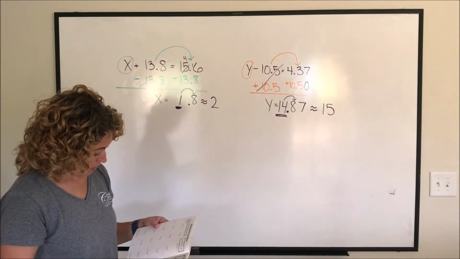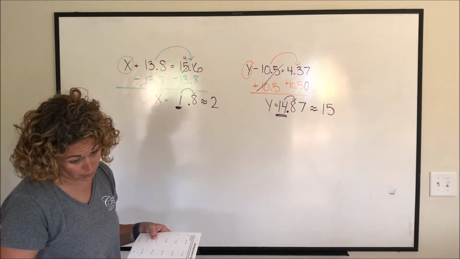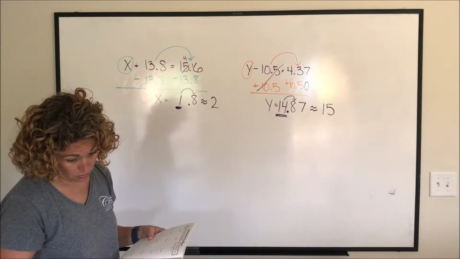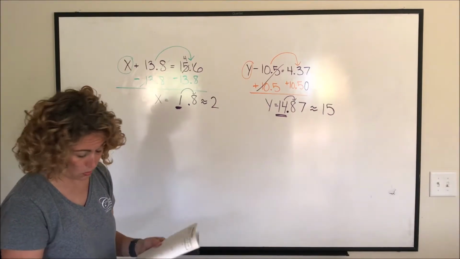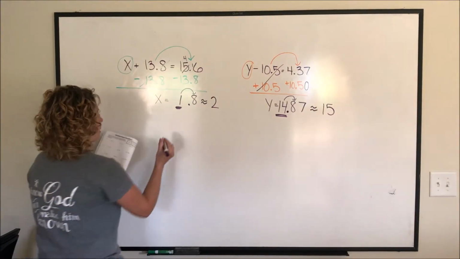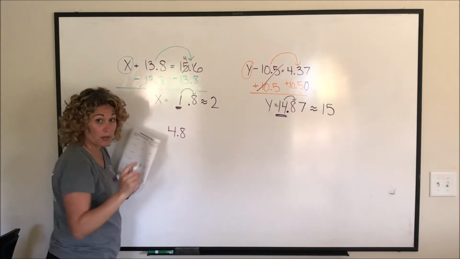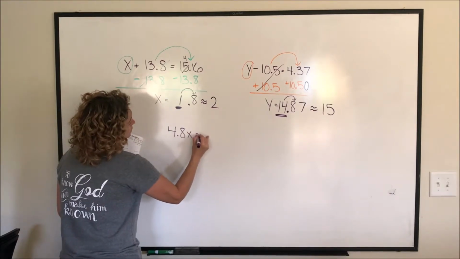All right, let's take a look at, let me find one that we did not do today. Did that one. I think this one is okay. 4 8/10 x equals 36.